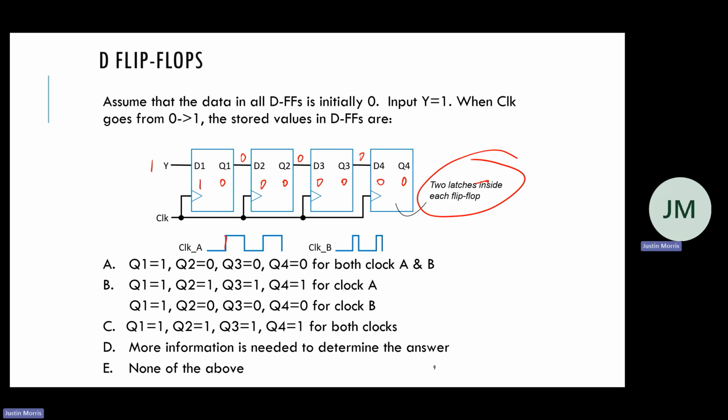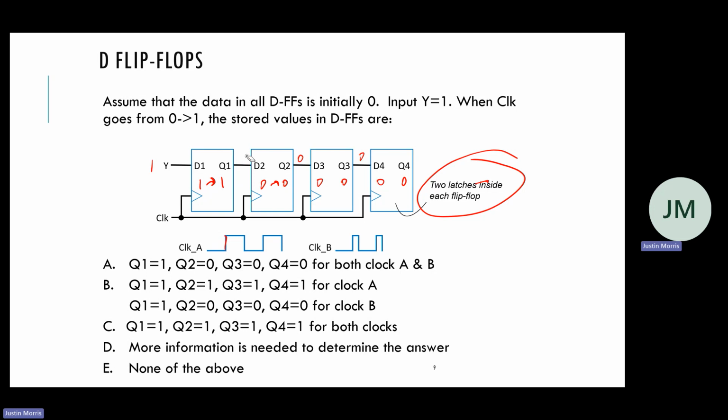Then positive edge hits. Positive edge is when the first latch becomes disabled, second latch becomes enabled, right? So that's when we go and do this transfer. So for this one, it changes to 1, but all of the others are going 0 to 0.